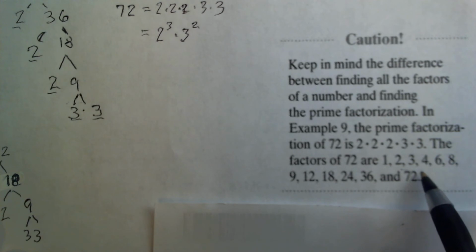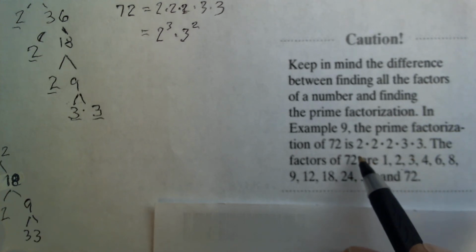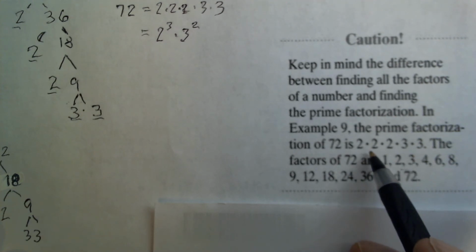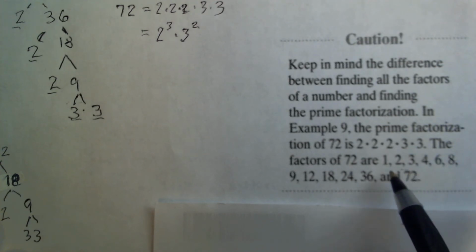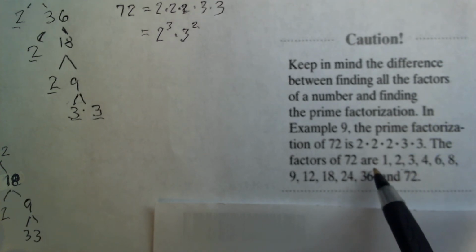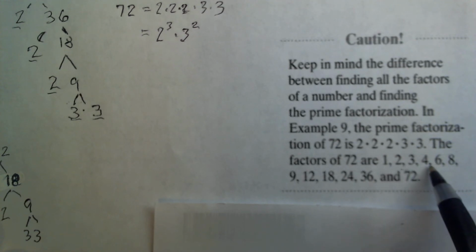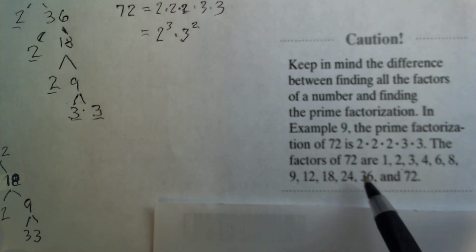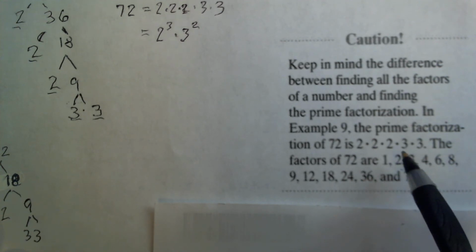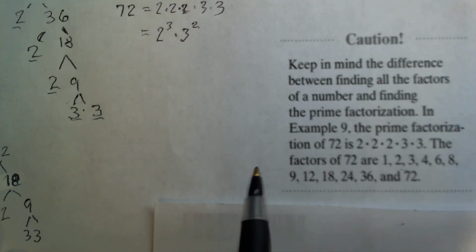So remember the difference. The prime factorization is, in other words, factors that are prime numbers. But the factors of 72 are, in some cases, composite numbers like 6 and 8 and 9, 12, etc. Okay? So be sure to keep that difference in mind.